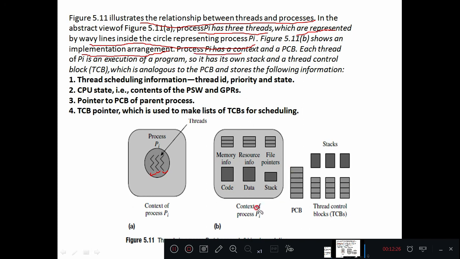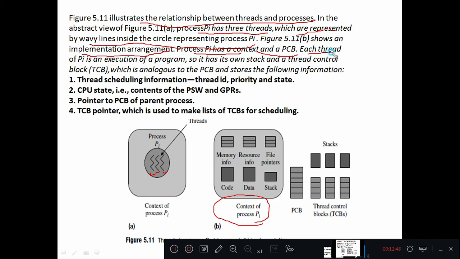Process PI has a context and a PCB, the process control block, because it is a process and it has to hold a lot of information about itself.